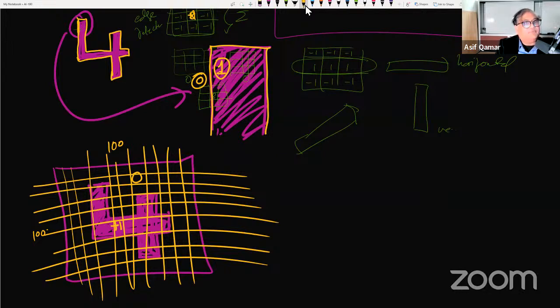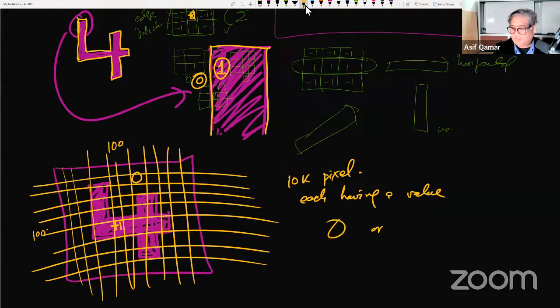Each pixel can have what possible values? 0 or 1. There are 10K pixels in this example, each having a value 0 or 1. As simple as that.